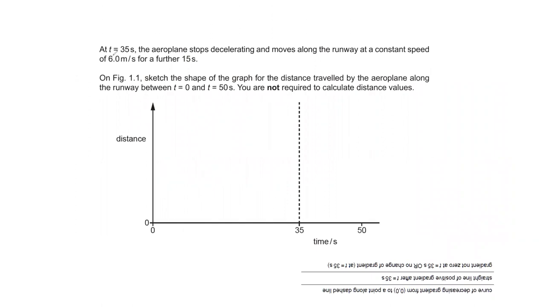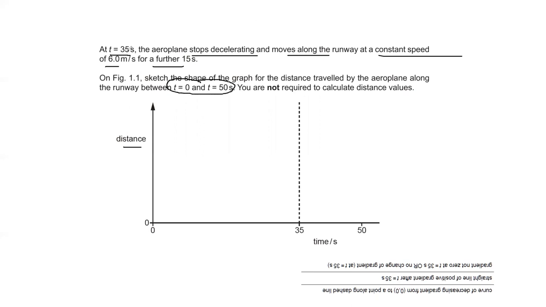In this part, at t equals 35 seconds, an airplane stopped decelerating and moves along the runway at a constant speed of 6 meter per second for a further 15 seconds. On figure, sketch the shape of a graph for the distance time of an airplane along the runway for 0 to 150 seconds.